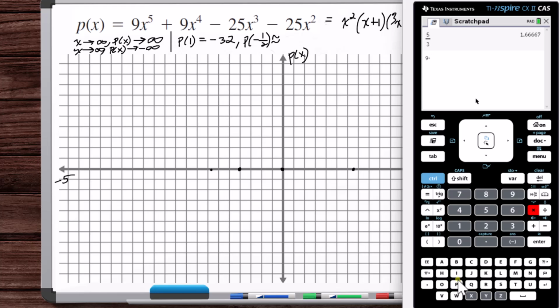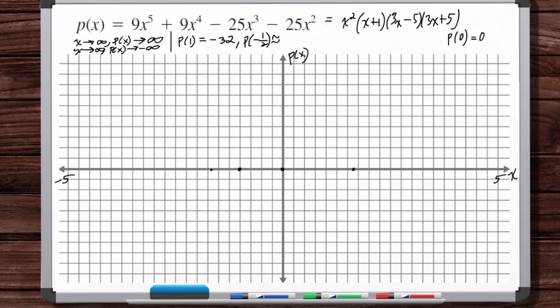Okay, 9 times x to the 5th. So there's the equation with x equal to minus 1/2: minus 91 over 32, minus 2.84.